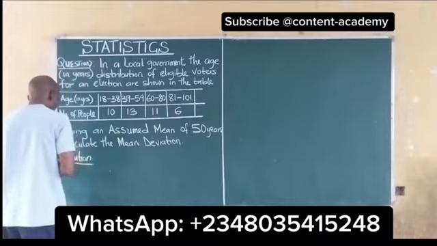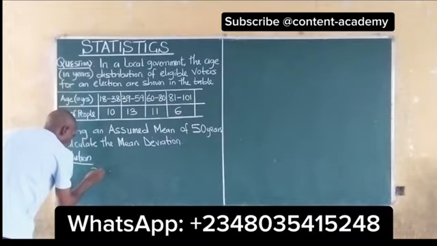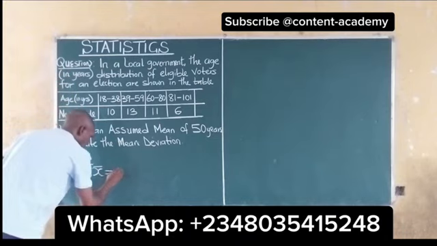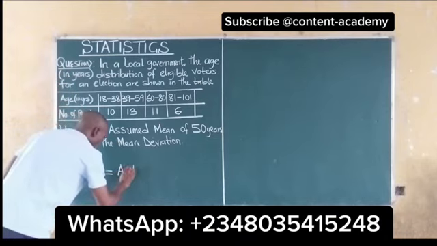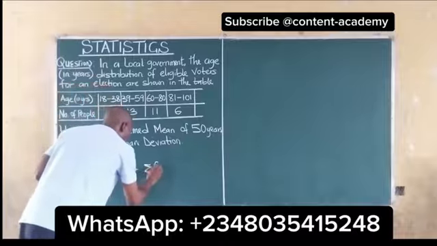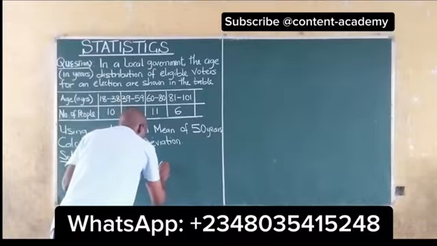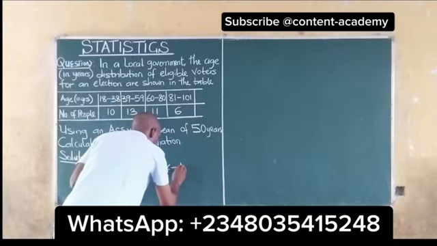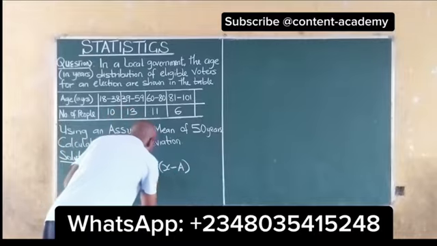The first thing we have to write, we should note that our mean is equal to the assumed mean plus summation of f of x minus a, which is the assumed mean, all over summation of f.